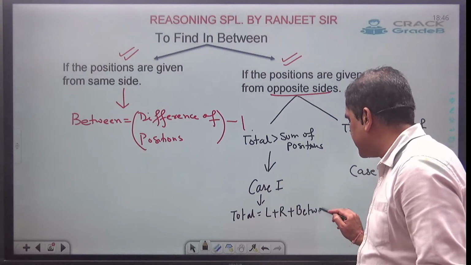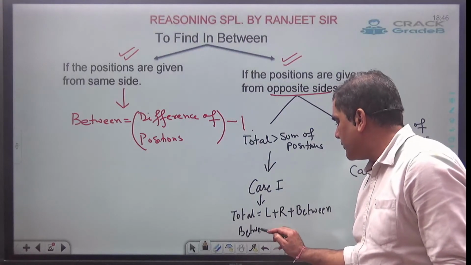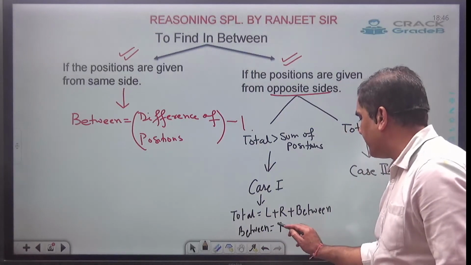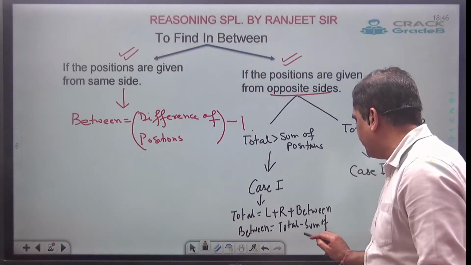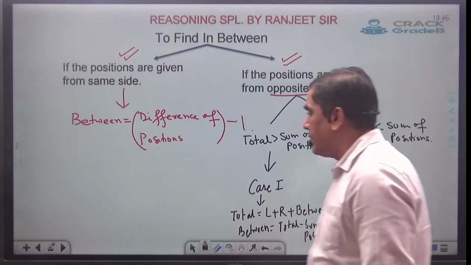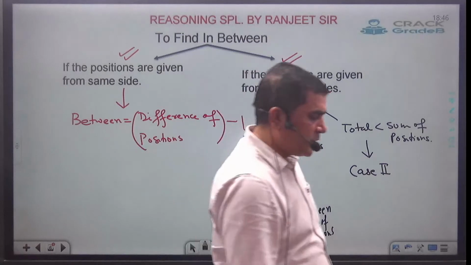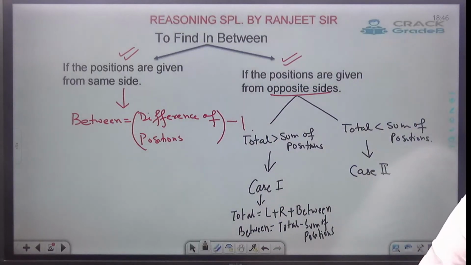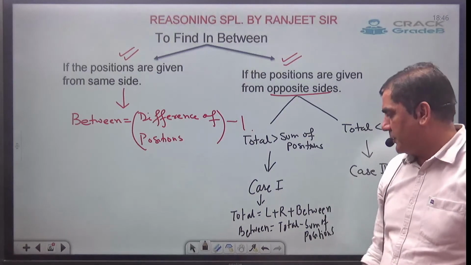This I have discussed in the first class. So between comes out to be total minus left plus right, or total minus the sum of positions. Simple. So in case number 1, whenever we need to find between, it comes out to be total minus the sum of the positions.